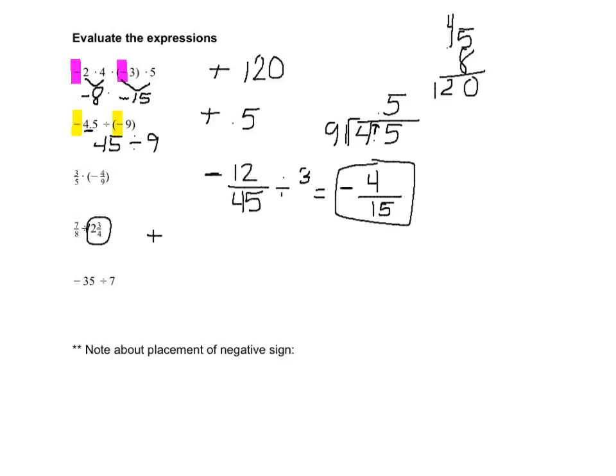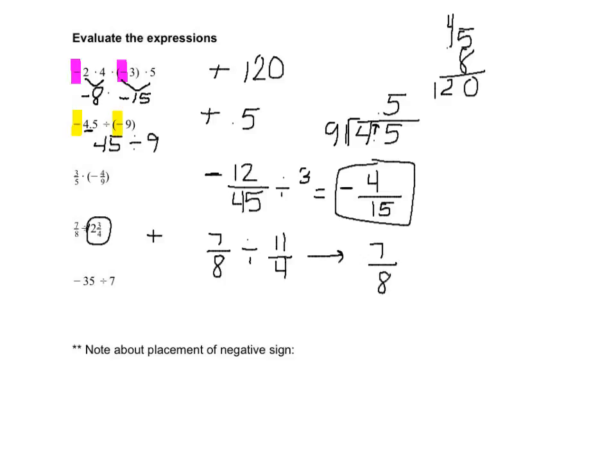Right here, when we are dealing with a mixed number, the easiest thing to do first is to convert that to an improper fraction. So I will have 7/8 divided by 11/4.